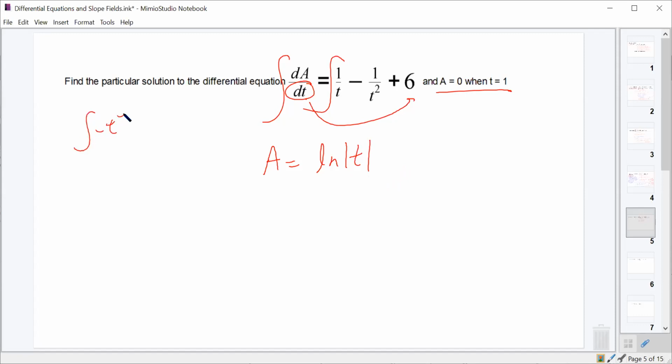What's the integral of negative t to the negative 2? Go up to negative 1, divide by negative 1. 1 over t. Positive 1 over t, and then plus 6t plus a constant. And when A is 0, t is 1. And so what's our constant?